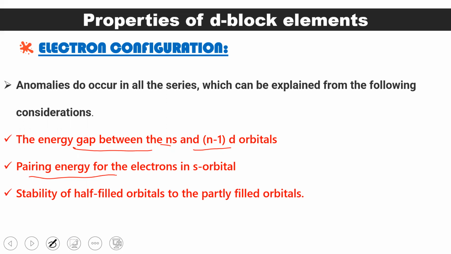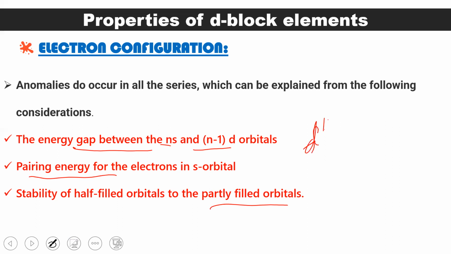And the next important one is the stability, when you compare the stability of half-filled or full-filled with the partial-filled orbitals. Obviously there are more stable orbitals in that case. Here, half-filled orbitals are somewhat more stable than the partially filled d orbitals, as well as the full-filled orbitals.